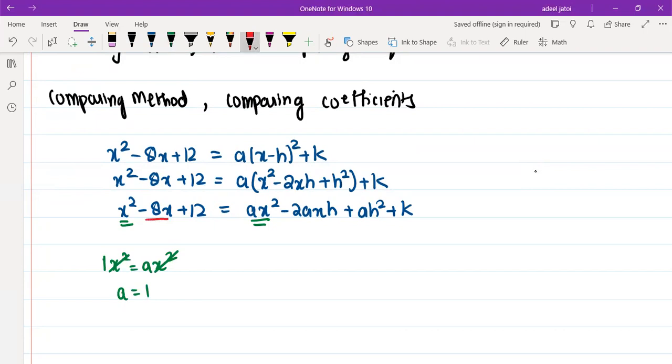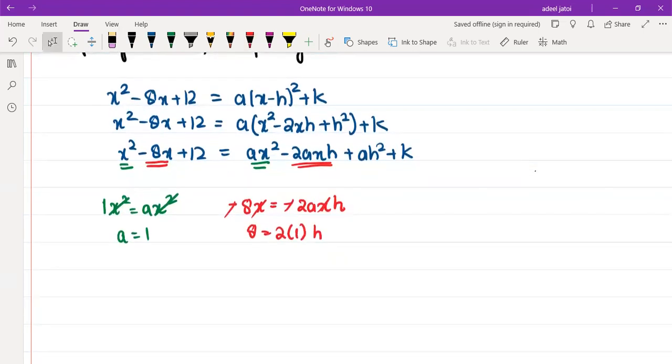If we compare minus 8x, we'll be comparing it with minus 2axh. So minus 8x is compared to minus 2axh. Minus minus is cancelled, x is cancelled. 8 is equal to obviously 2, 1, h. So 2 divides on the other side, h becomes what? 4.